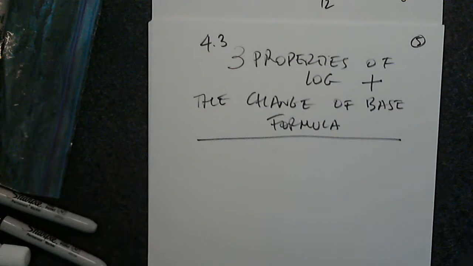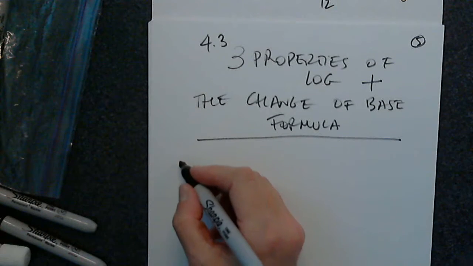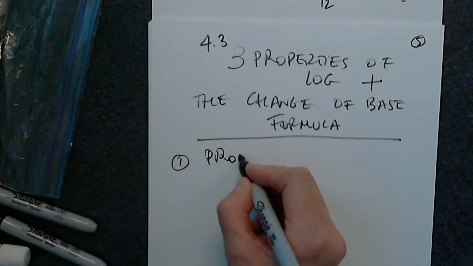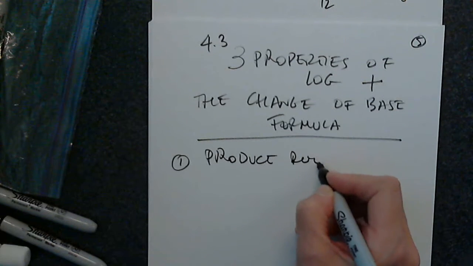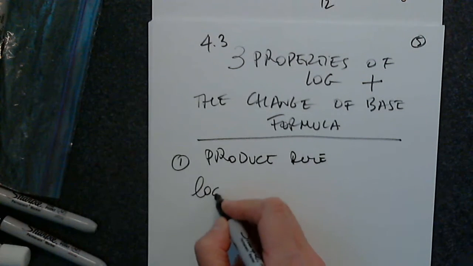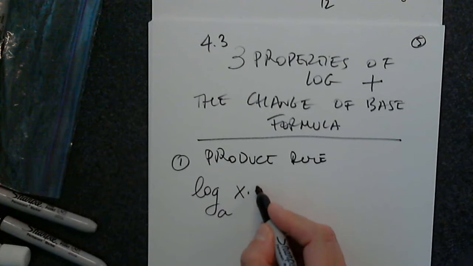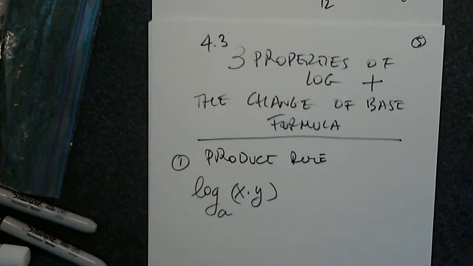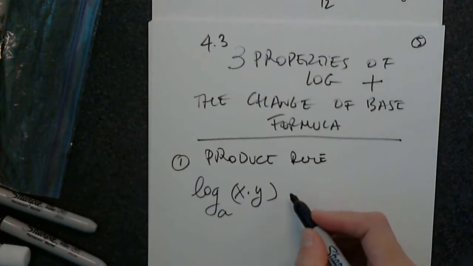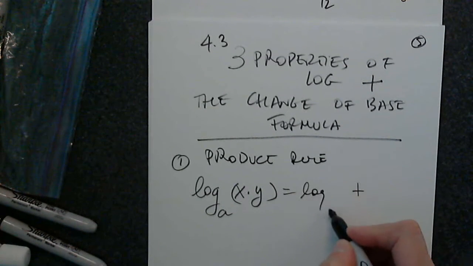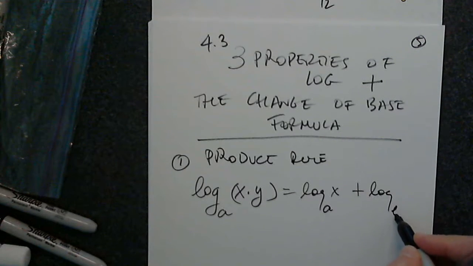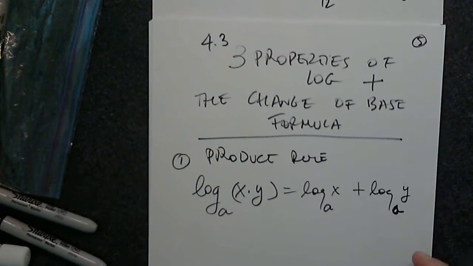Okay, so first property, product rule. When we apply log in any base, it doesn't matter, to a product, I can have 2 factors, 3 factors, it doesn't matter. This changes into a sum of logs. Log base a of x and log base a of y.